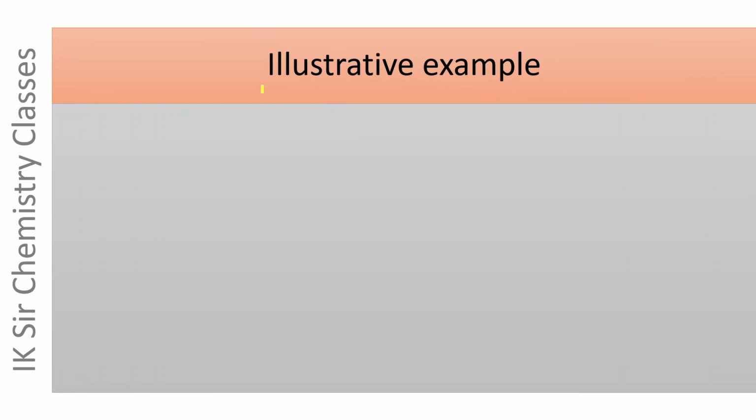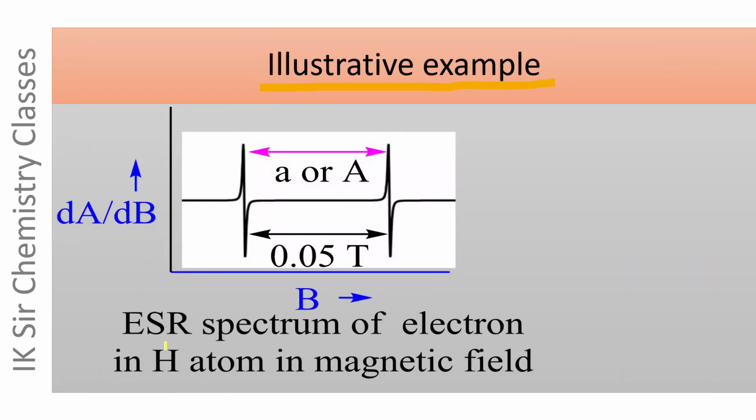Let us see an illustrative example. It is the ESR spectrum of electron in hydrogen atom in the presence of magnetic field of strength B. It is clear that the ESR spectrum of hydrogen atom consists of two hyperfine lines with intensities in the ratio 1:1.